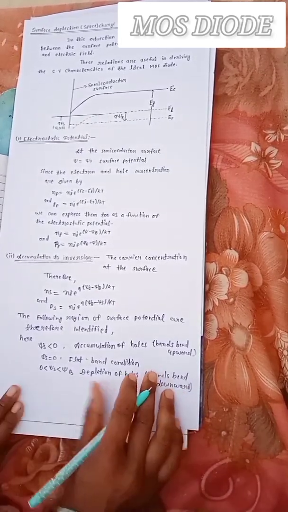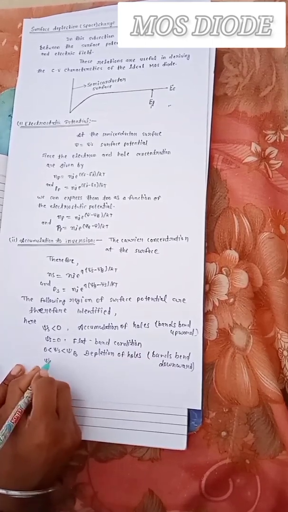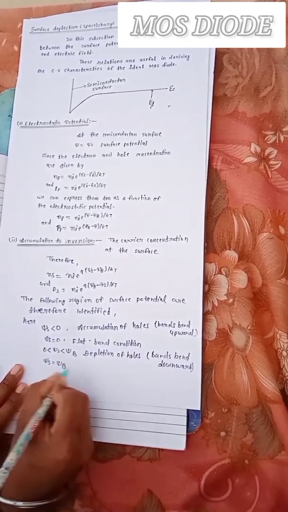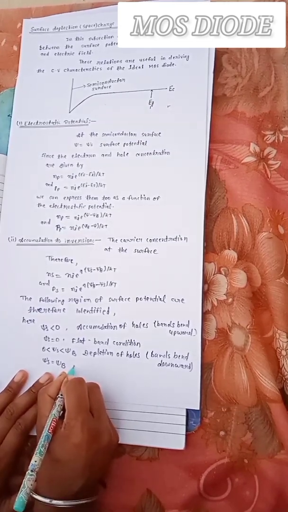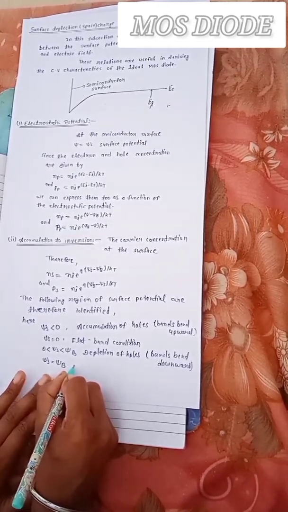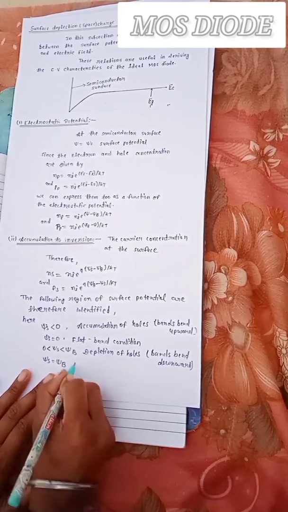And in this condition bands bend downward, and phi s equal phi b, mid gap with ns equal np equal ni, intrinsic condition.